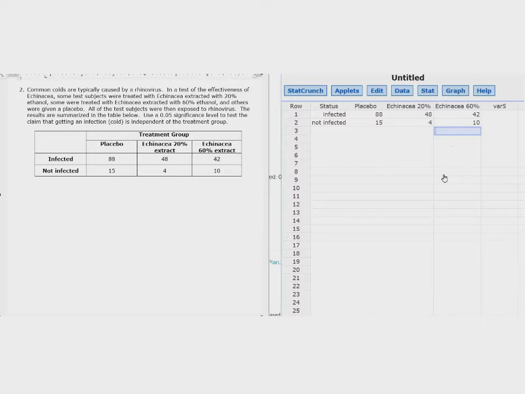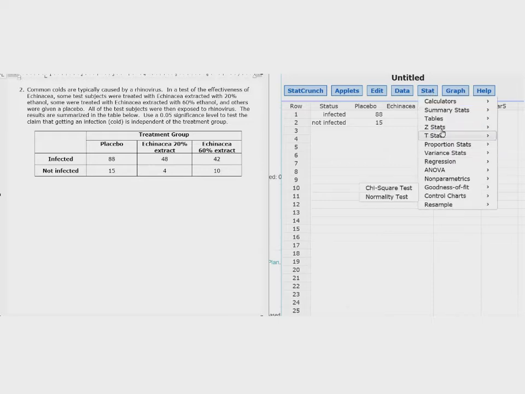Okay, so for this one, we've got our information in StatCrunch. So we're just doing a test for independence. In this one, there isn't something in here that actually says test for independence. What you have to do is go to tables and contingency, since this is a contingency table. And what we have here is a summary.